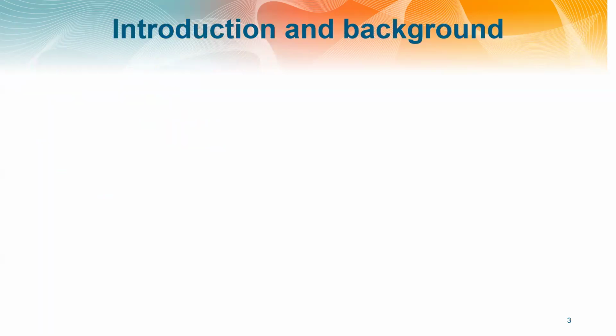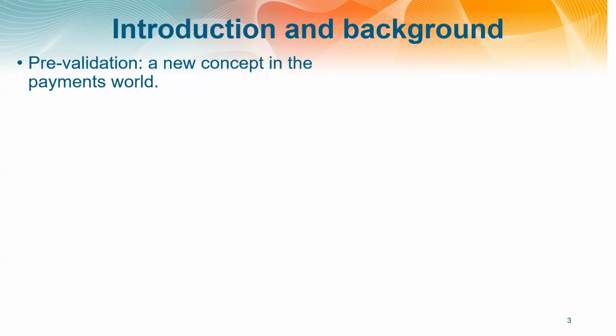Okay, so let's start by looking at the background. As I say, pre-validation is really a new concept in the payments world. International payments, and indeed ordinary domestic payments, generally speaking, did not have any form of pre-validation.